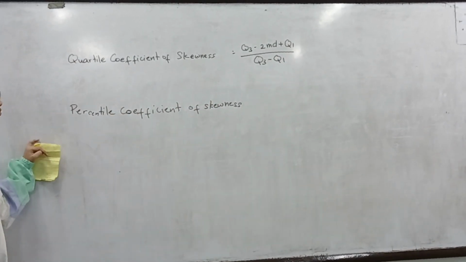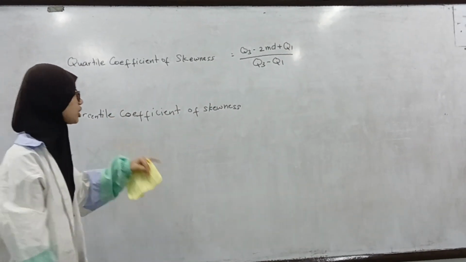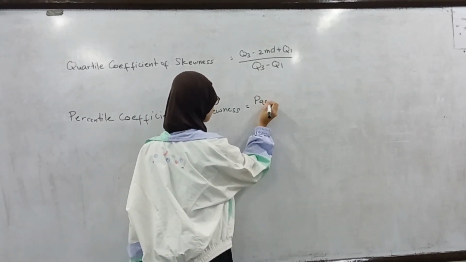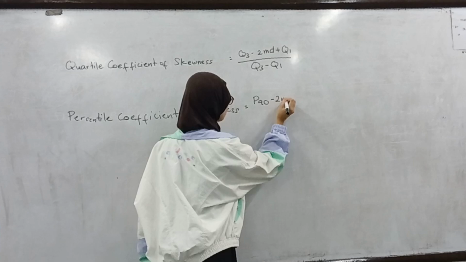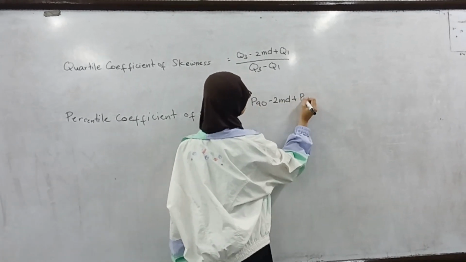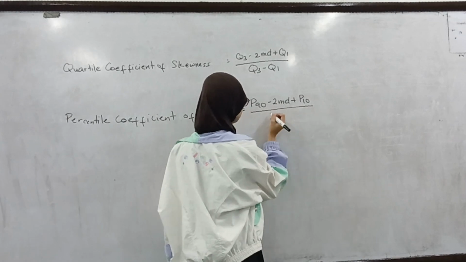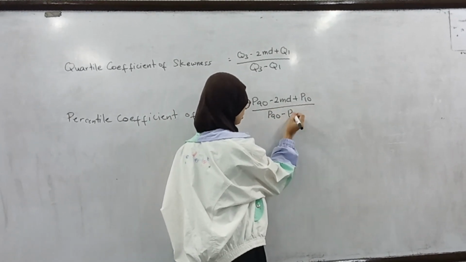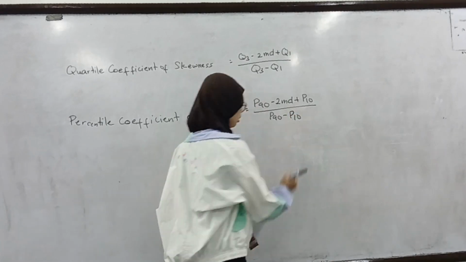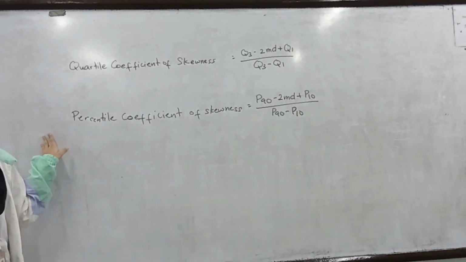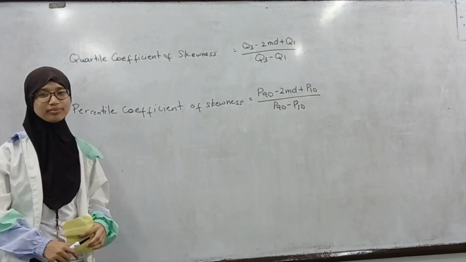The percentile coefficient of skewness is equal to 90th percentile minus 2 times median plus 10th percentile, over 90th percentile minus 10th percentile. And that's the formula for finding the quartile and percentile coefficients of skewness.